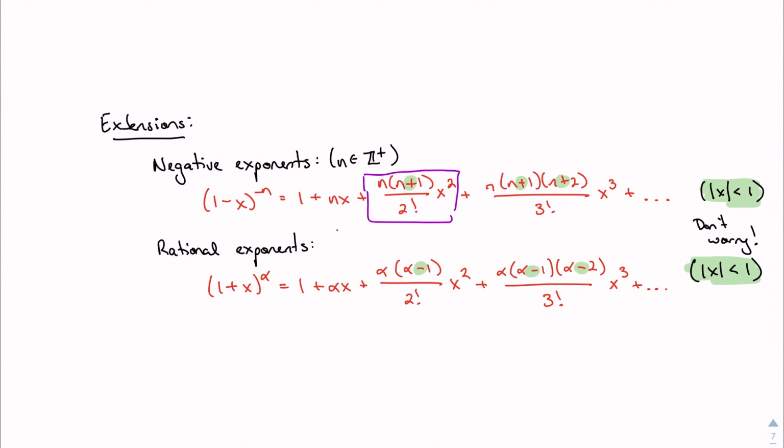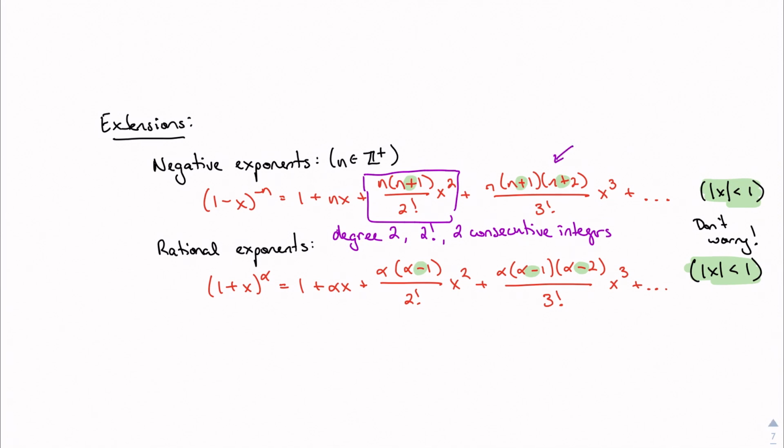I have a second degree term, so the degree of this term is 2. I've got 2 factorial, and I have the product of 2 consecutive integers. And that's true for my third degree term as well, right here.